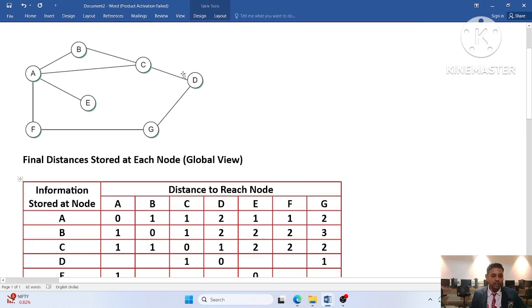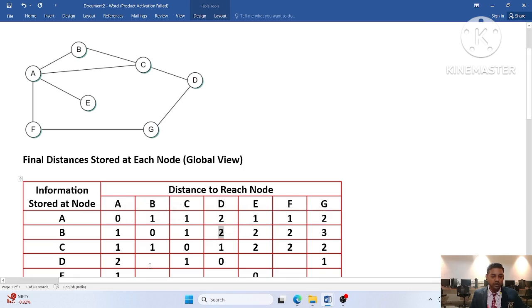So next router D. D to A is 2. Why? Because A to D is 2. Here you can see the table. A to D is 2. So here you can substitute 2 here. Next one is D to B. Here you can find in the table from B to D. What is the value?